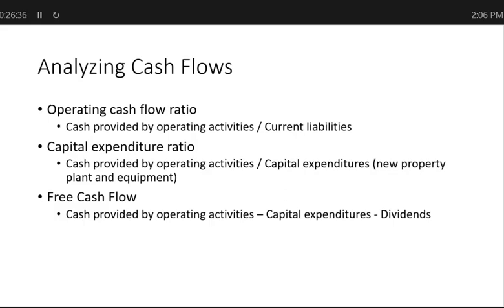We can use our own money to buy new assets and grow. And then cash provided by operating activities minus capital expenditures, minus what we paid for new assets, minus our dividends, is our free cash flow. That's the extra cash flow after we have covered the things that we need, our new equipment, after we've made our shareholders happy with the return on their money. What do we have left in case we want to increase our things for next year?